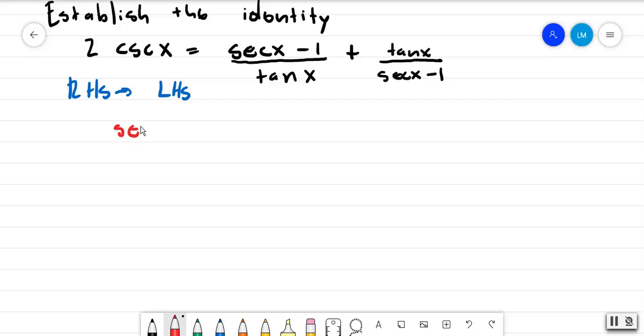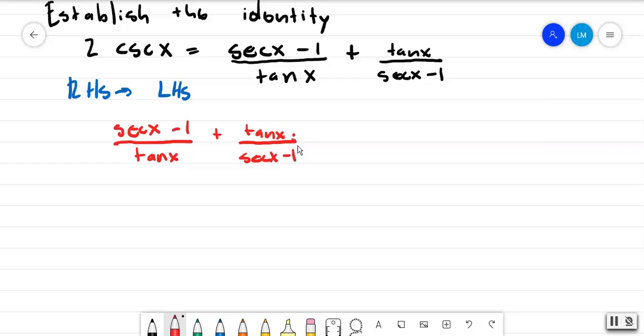So I have this expression, secant of x minus 1 divided by tangent of x, being added to tangent of x, and all of this is divided by secant of x minus 1. Now, there are many different options for going about this.